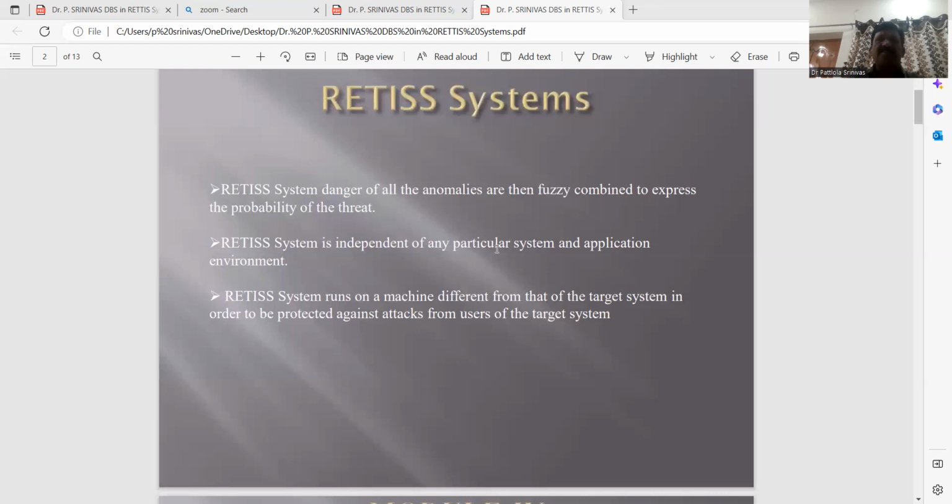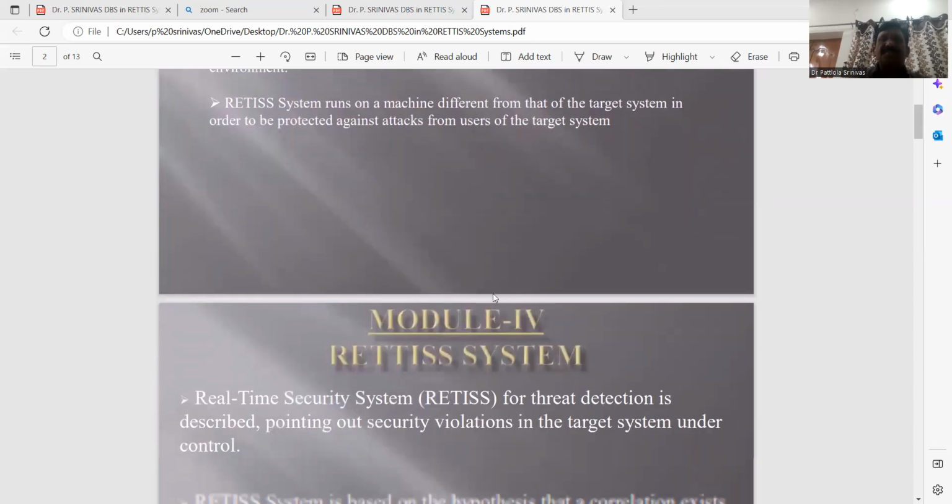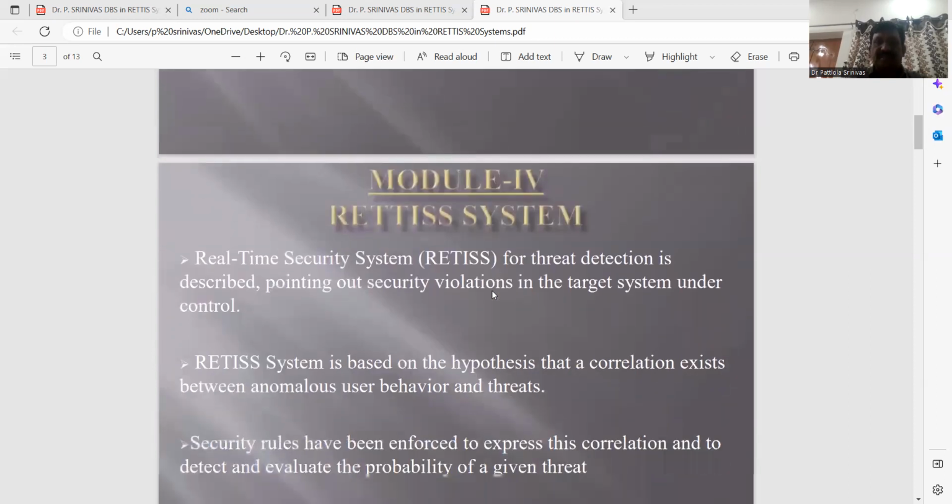Any application environment, whether a business application, e-commerce application, or banking sector application, must be protected by your security system. The RTS system works for different types of servers and protects the targeted systems against attacks from the users of the target system.